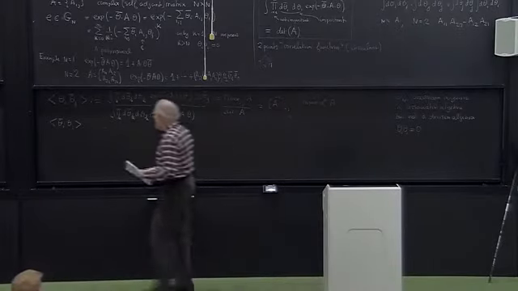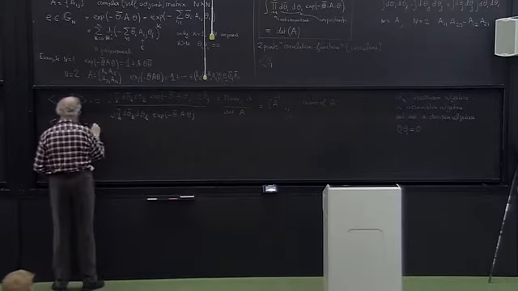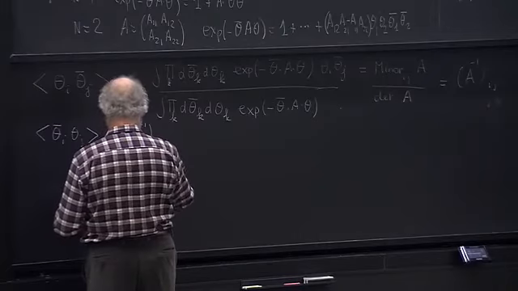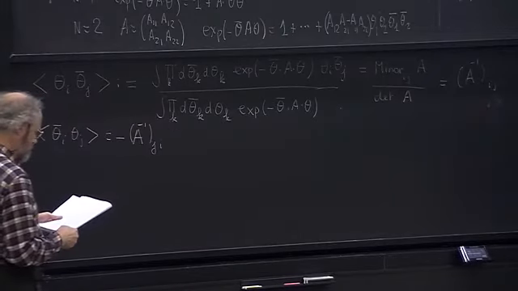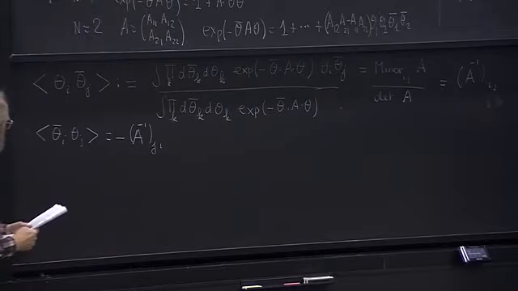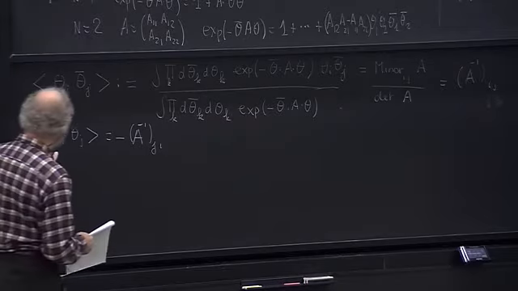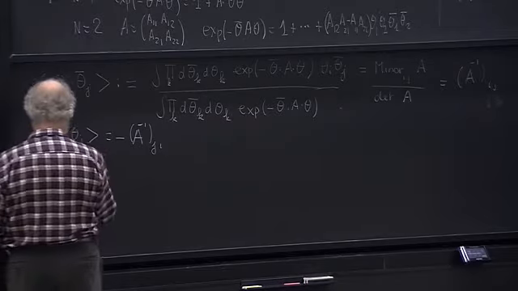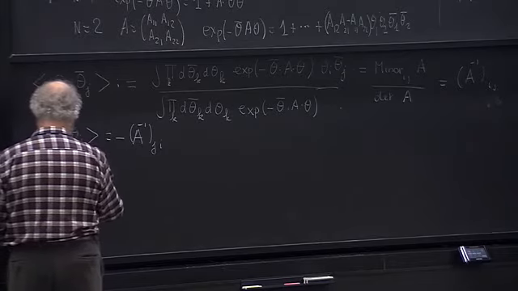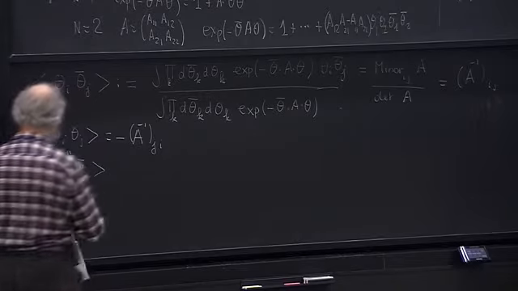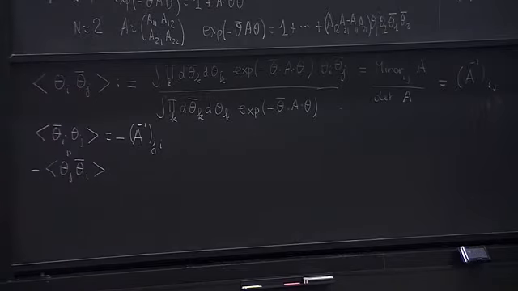This is going to be minus A minus 1 gI. I'm simply interpreting that this is the same thing as minus theta g theta bar I, and then I apply my result.